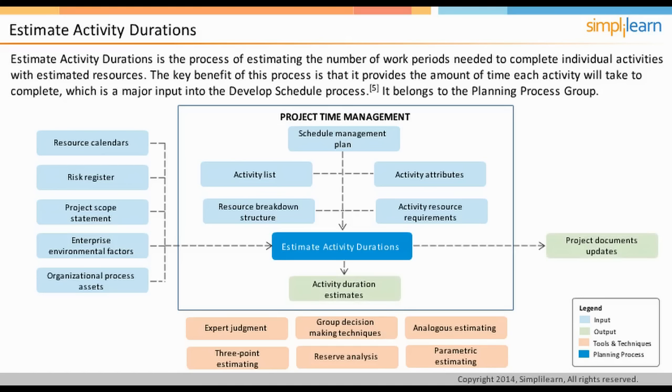The activity duration estimates is represented in terms of the range of possible results. For example, 10 days plus minus 2 days, that is, the activity would take minimum 8 days and maximum 12 days. In the next screen, let us look into a business scenario to understand this concept better.